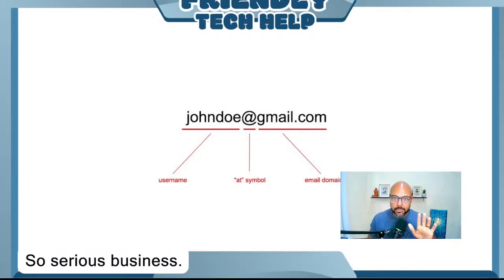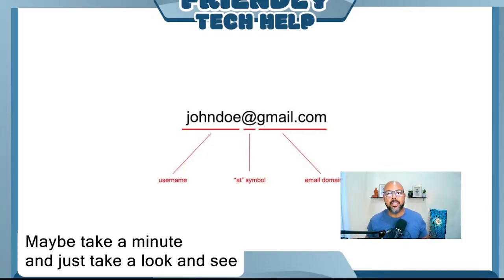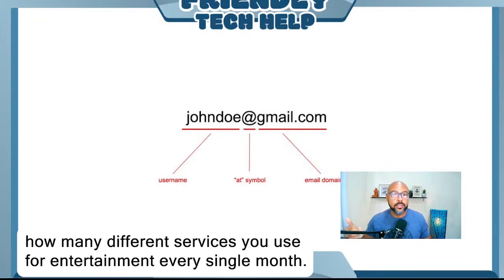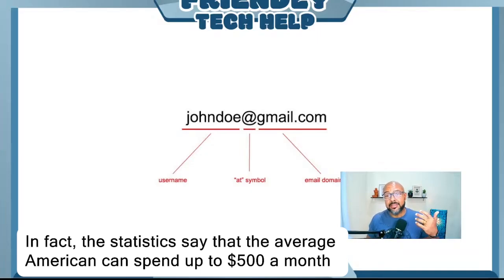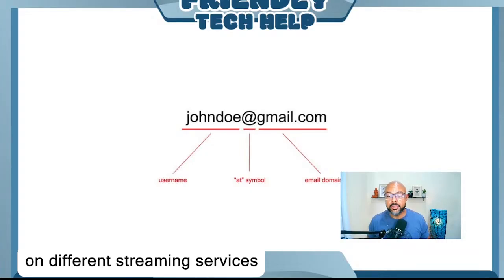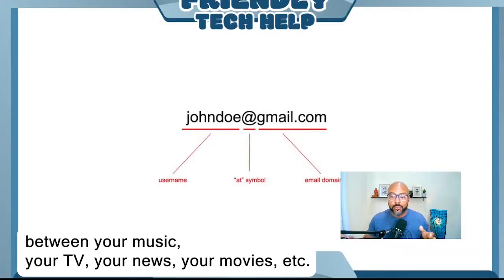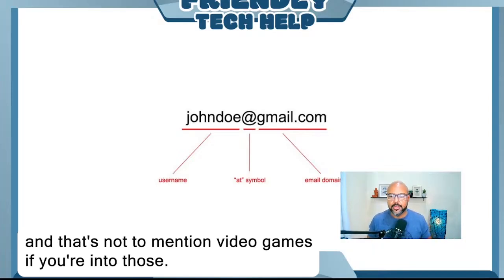So, serious business. Maybe take a minute and just take a look and see how many different services you use for entertainment every single month. You may be overpaying by a lot. In fact, the statistics say that the average American can spend up to $500 a month on different streaming services, between your music, your TV, your news, your movies, etc. And that's not to mention video games if you're into those.